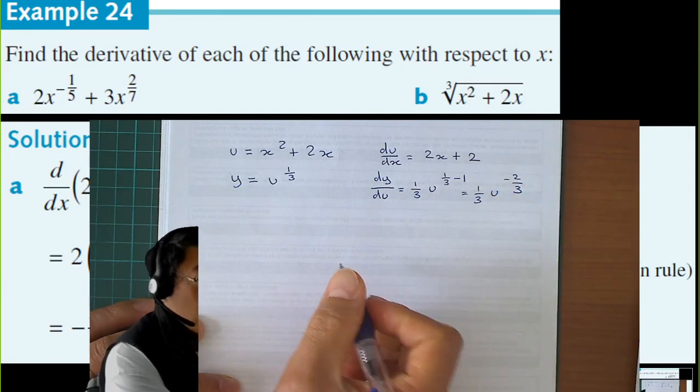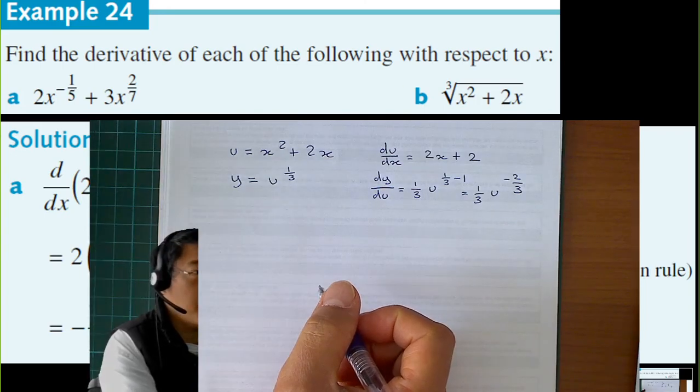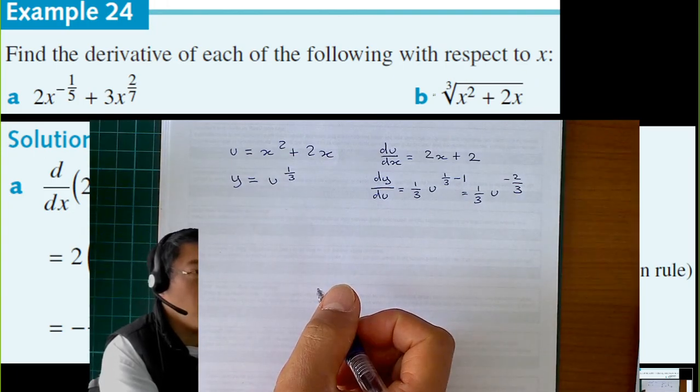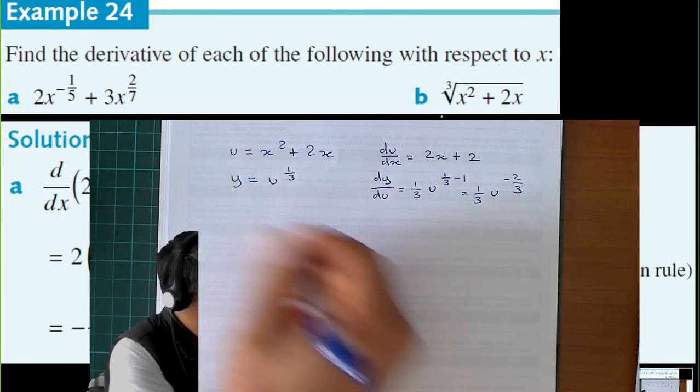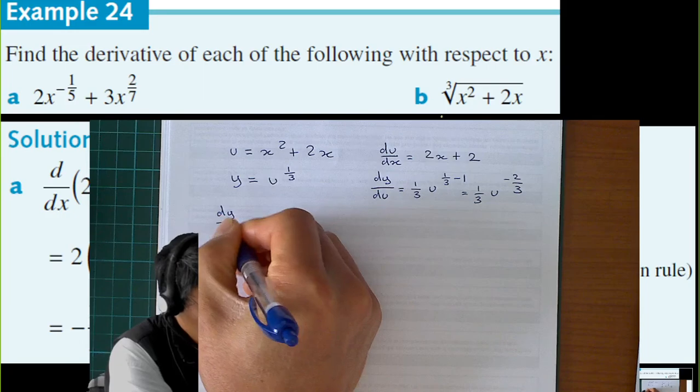Alright, so going back to the actual question, that's my function y, and it's in terms of x. So I want to find dy in terms of x.